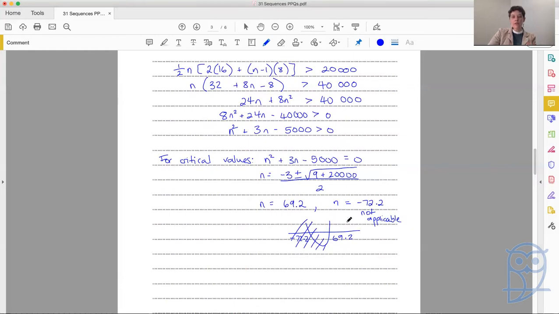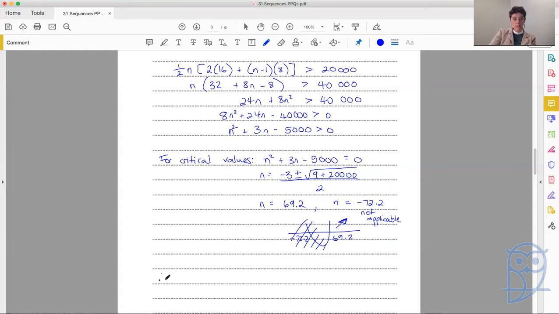We want the quadratic greater than 0, so we want this piece here. But we also can't have 69.2 terms. We've got to think a little bit further and say, well, if we need 69.2, obviously 69 is not big enough. So the smallest n that we could have in this case would be 70.